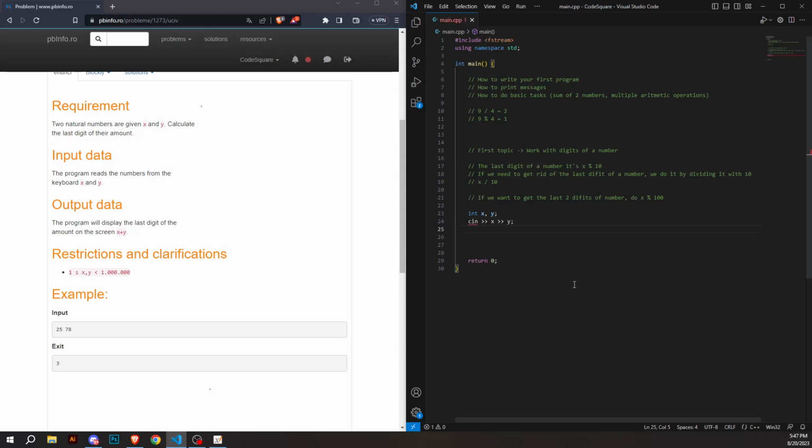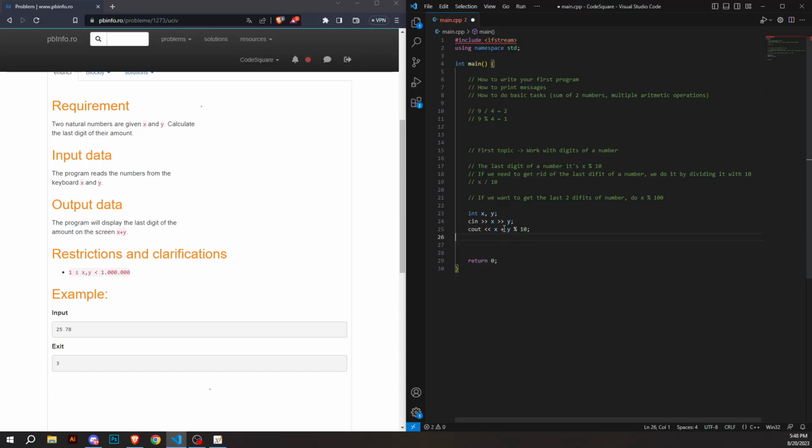Basically we tell the user that he has to read from the console the two numbers and give them to the program. And now we are going to cout the sum of the two, so x plus y. A big mistake is to just put modulo 10 to get the last digit. The only problem is that the modulo operation has the same priority as multiplication and division.